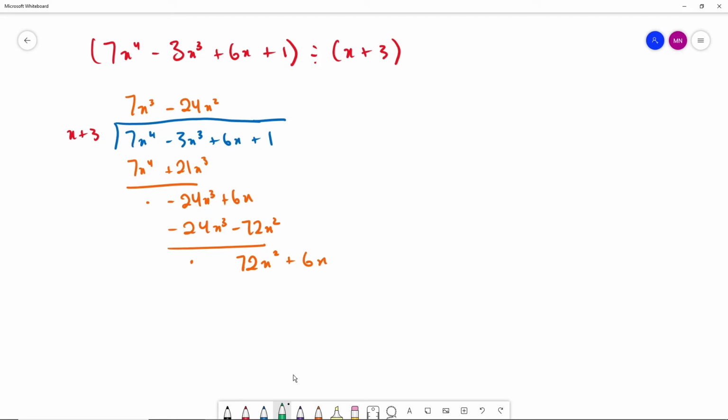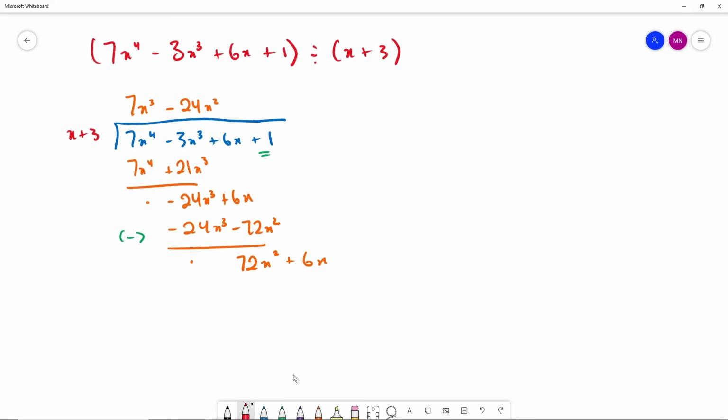This 6x is in a different degree from negative 72x squared. Since the operation here is a negative, that's why the 72 becomes a positive number: 72x squared plus 6x. We do not take down the number 1 yet. We solve for 72x squared plus 6x first.